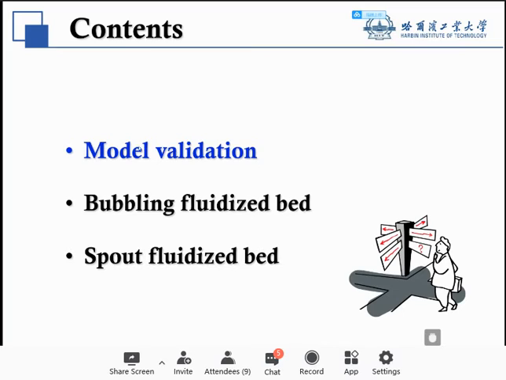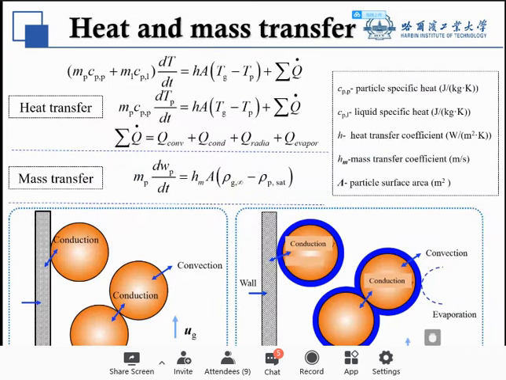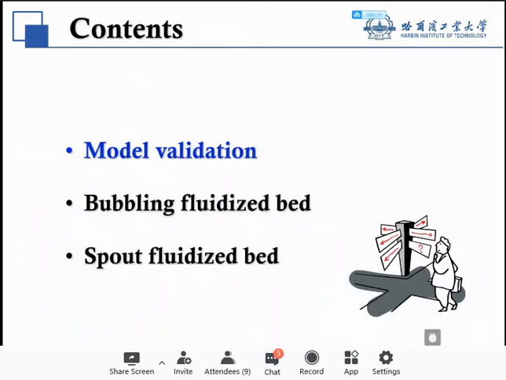If you do numerical simulation, we generally apply model validation. The aim of model validation is to validate that your numerical model is right. The method is to compare the numerical results with the experimental results from other references or your own experimental data.